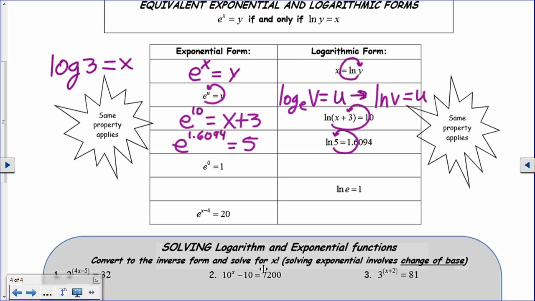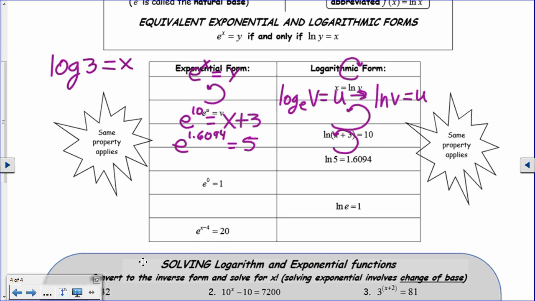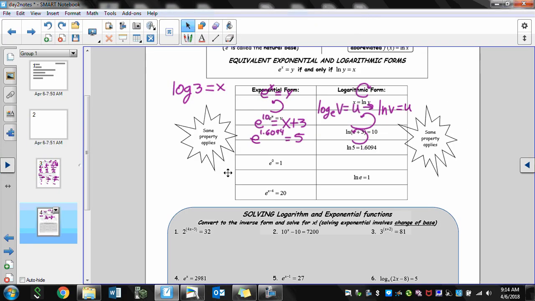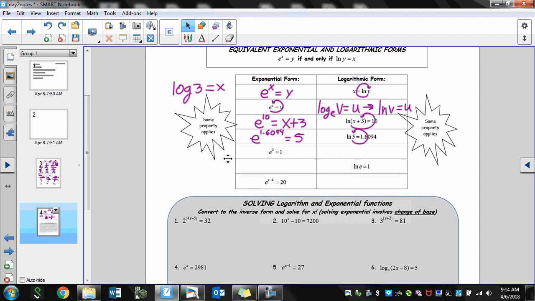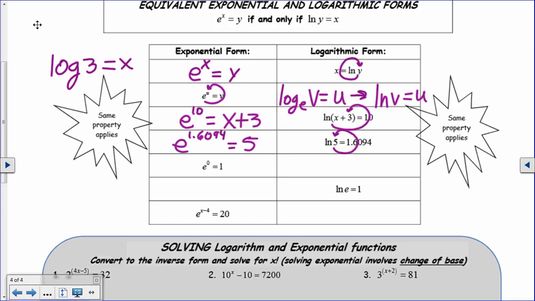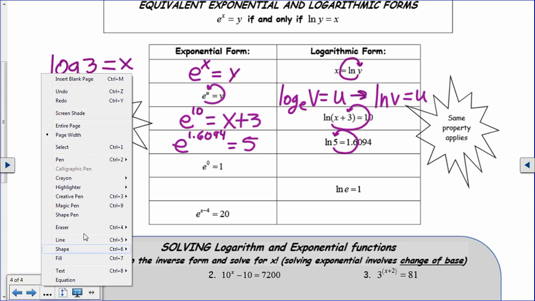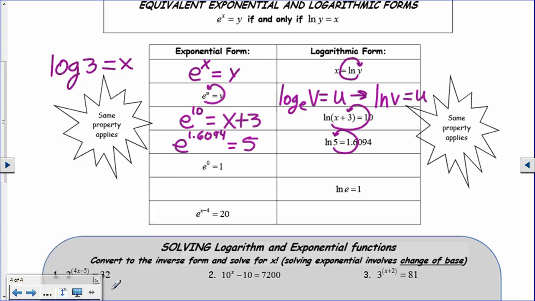Alright, now we're going the other direction. Drawing the loop, I start at the base and I loop back around.